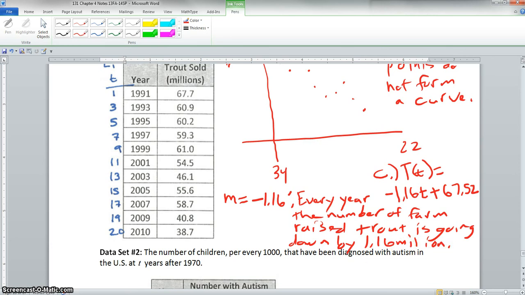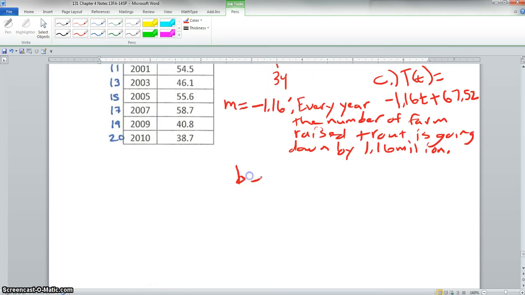Now we have to find our b. Now our b is equal to 67.52.